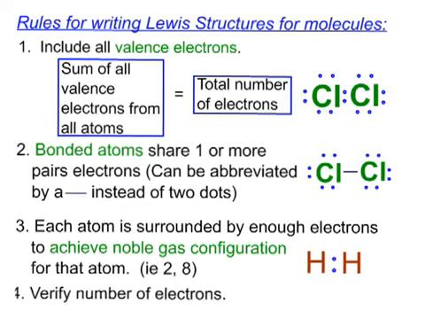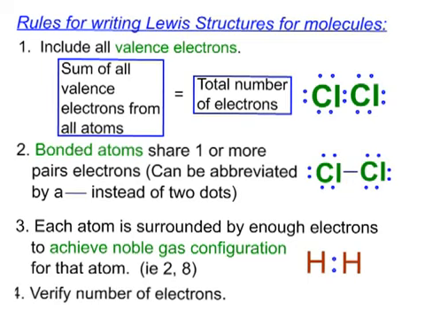Here's rule number 3. Each atom is surrounded by enough electrons to achieve a noble gas configuration for that atom. That is very critical. In the case of chlorine, its noble gas configuration is that it has 8 total electrons. There are 2, 4, 6, 8 around the first chlorine atom, and when we count those around this one, there are 1, 2, 3, 4, 5, 6, 7, 8 electrons.